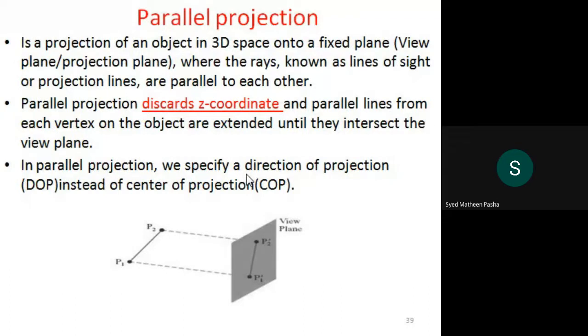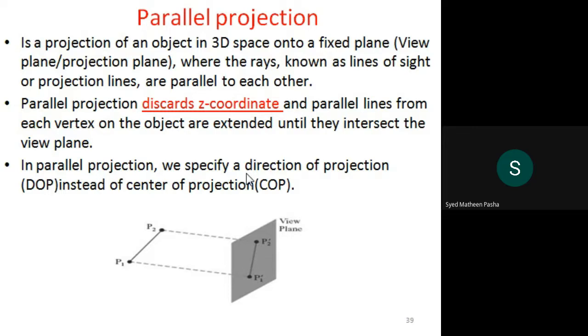The first type is parallel projection. I will just define what parallel projection is, and we'll check out in detail in the next class what parallel and perspective projection are. Basically, I can call it a parallel projection only when some coordinates are discarded with respect to some lines.